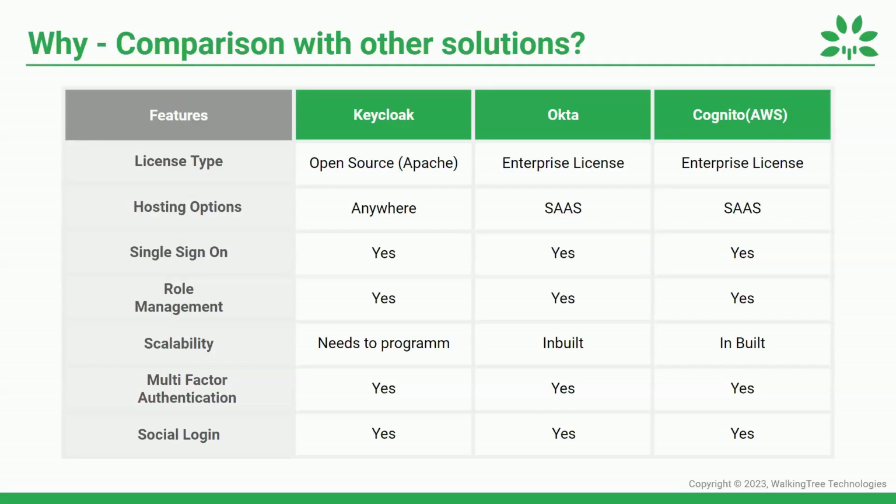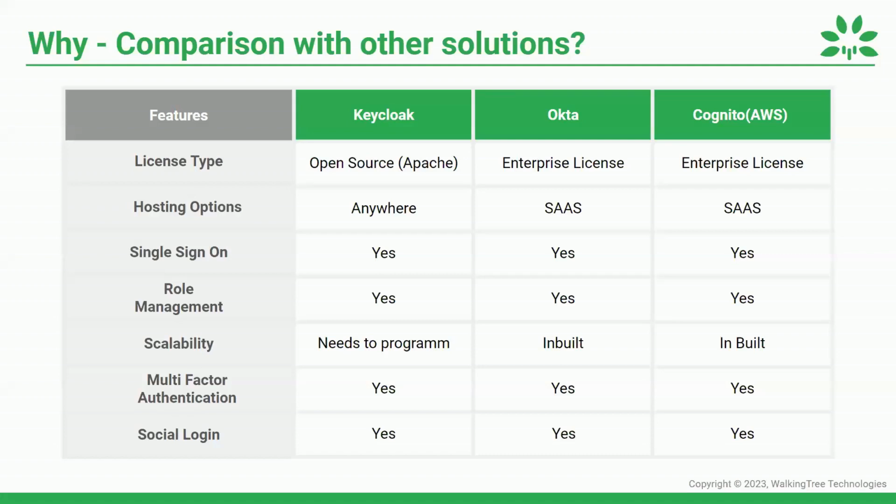And single sign-on, when you talk about an IAM solution, single sign-on is one of the key features that everybody would look for, and it is provided in all the three solutions. Role management is another feature which is provided in all the solutions. Scalability is another important factor or feature that you would consider when you're trying to build an enterprise-grade application.